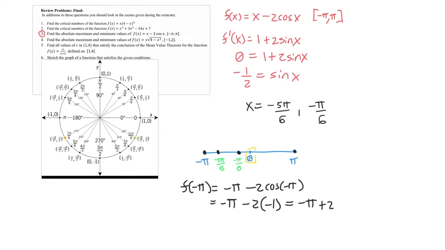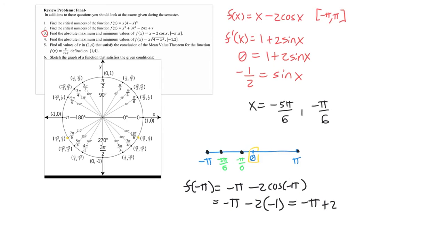When we investigate the next x value, which is negative 5 pi over 6, that would end up becoming the following. We'd have f of negative 5 pi over 6, and that's going to become negative 5 pi over 6 minus 2 times cosine of negative 5 pi over 6.